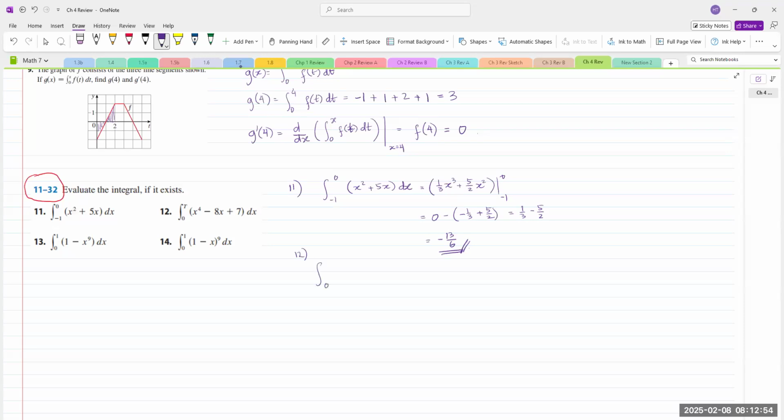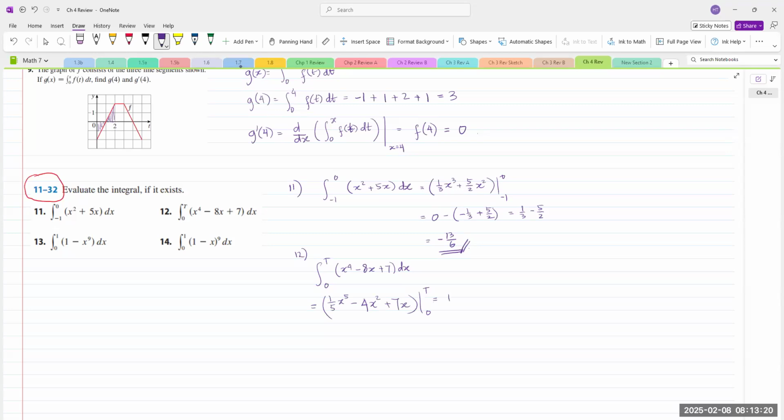integral from 0 to t of x to the 4th minus 8x plus 7 dx. That is equal to 1/5 x to the 5th minus 4x squared plus 7x from 0 to t. Oh, just replace that x by t and 0, right?